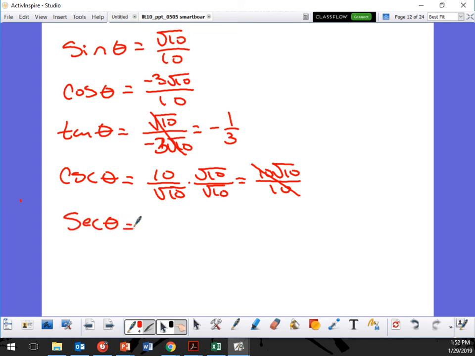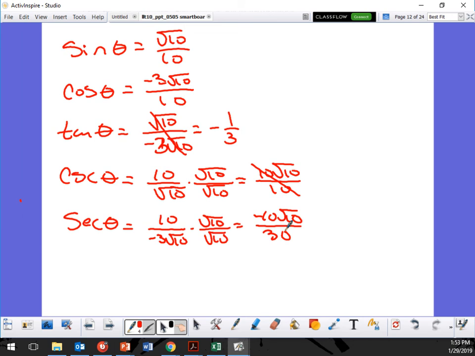Secant is the reciprocal of cosine. So I take my cosine and do what? Okay, 10 over negative 3 rad 10. Rationalize? Oh, rad 10 over rad 10. It's going to be negative 10 rad 10 over 30, right? Okay, what's going to happen to that 10 and 30?